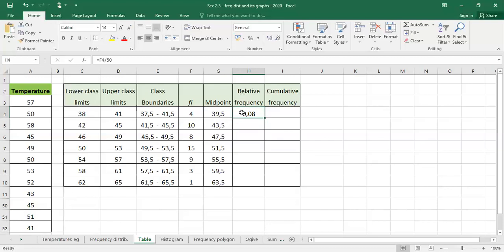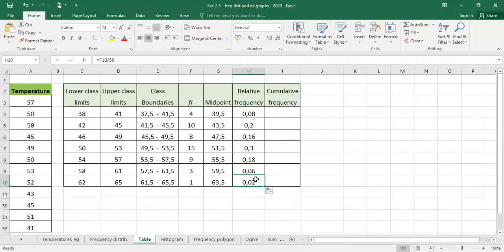Now notice this is actually done with a formula. It said if you go over into your column F, so it's on the same row, but in column F, and you divide by 50. That's how you did that calculation. So if I go to the corner of the cell, hold select and drag all the way down, it fills in the pattern.